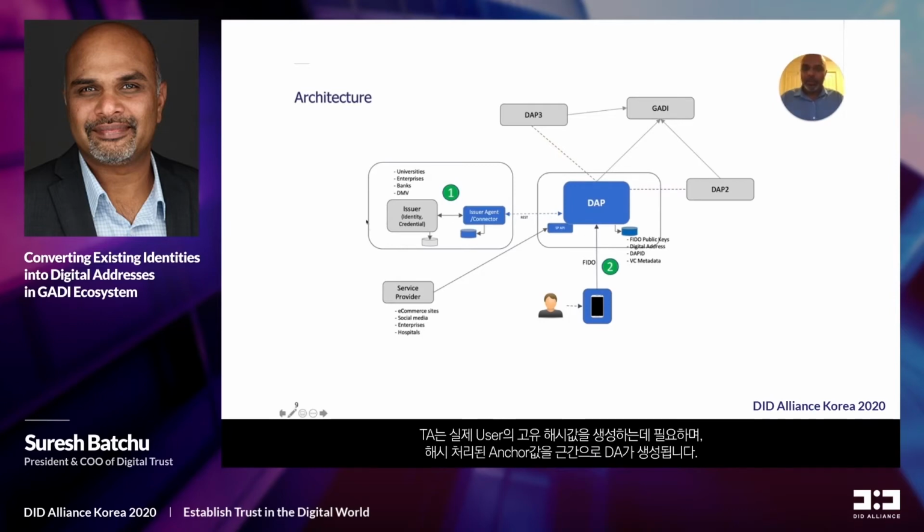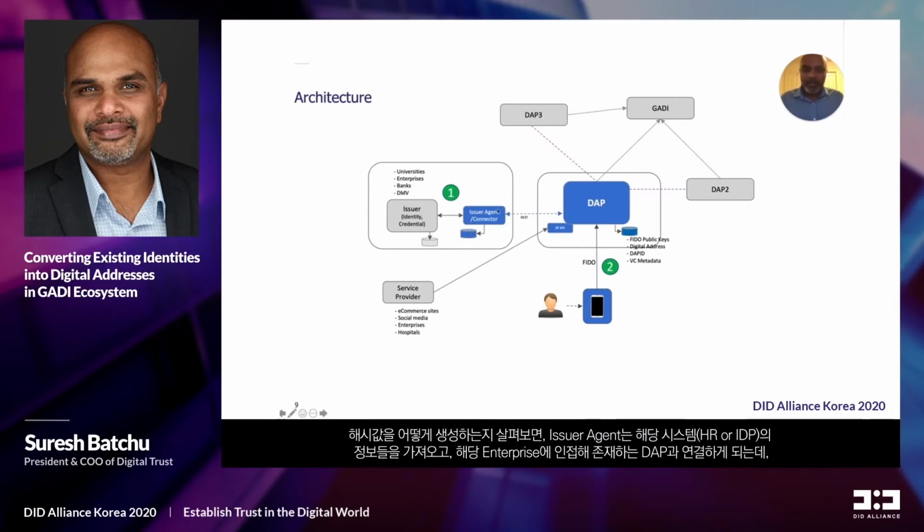The trust anchor is needed to generate a unique hash for the user, and that trust anchor will be used to seed and create the digital address. It is easy to create those trust anchors with the information available in the HR system plus the identity systems. Using that, you create the hash.